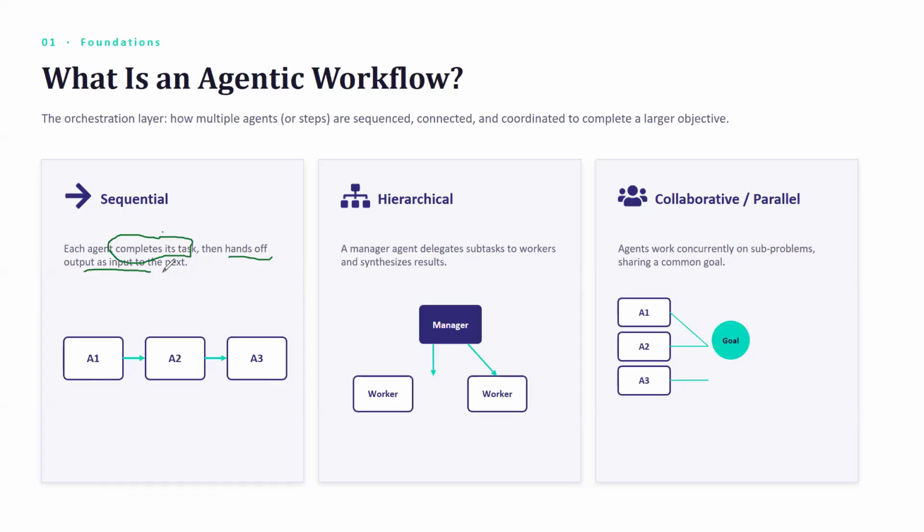Second one is hierarchical. So where we have to delegate the task, we divide the task into subtasks for workers, and then we have to come up with the result, something called synthesizing the result. Okay. So, let's say there are two persons having the same skills, and the task is one. You will divide the task, right? Because they are more efficient and more eligible to do that task.